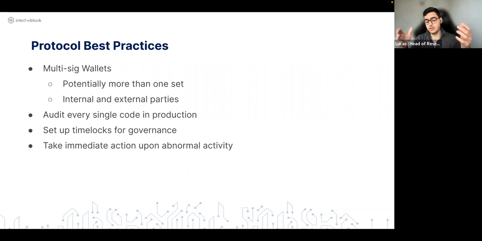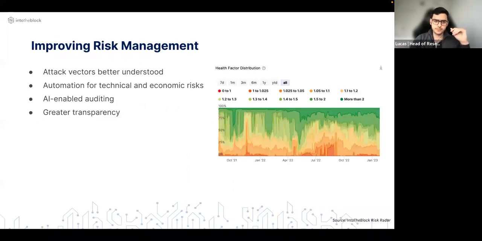And if you see any type of abnormal activity, it's very important to take action as soon as possible. At times, that can prevent exploits from getting worse and keep depositors safer in general.